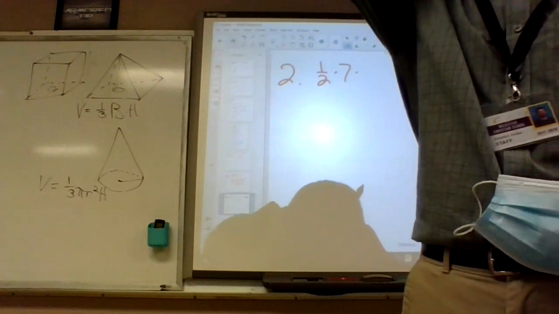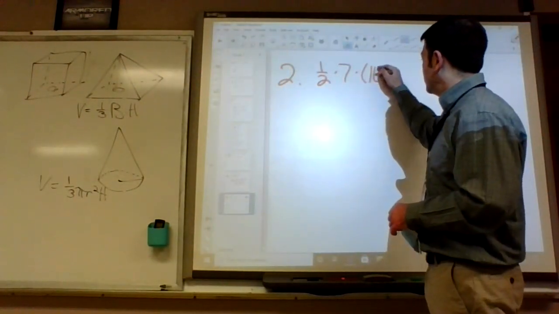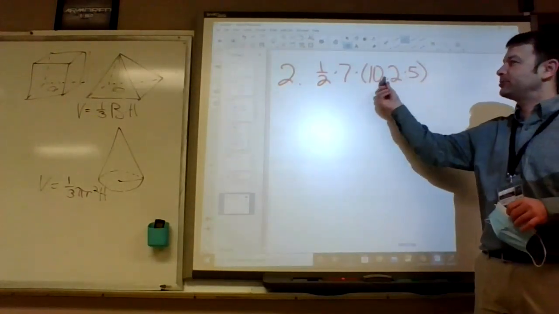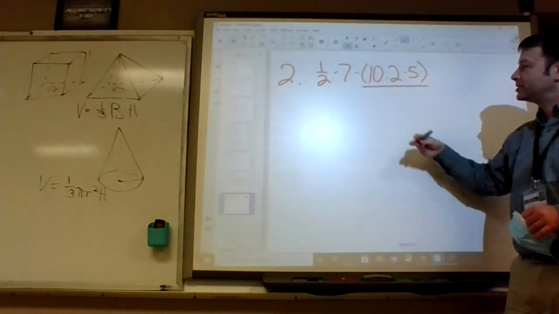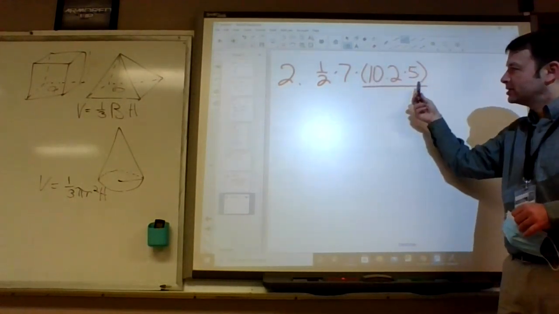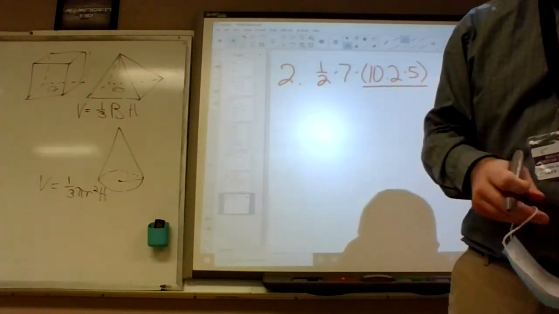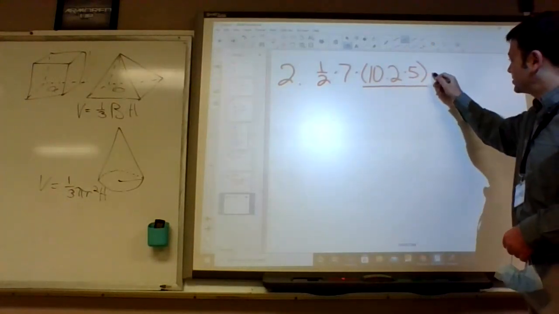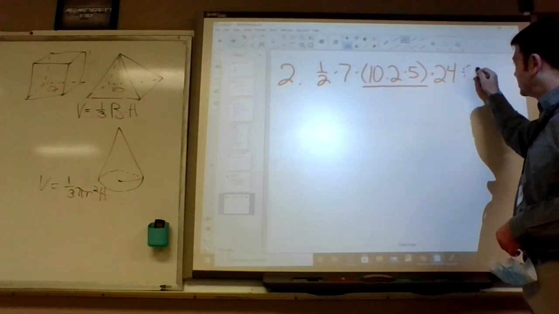That's a pentagon, so it's 10.2 times 5 for the perimeter. You don't really need parentheses here because everything's just multiplied together. I just put it there to show this is the perimeter. Order of multiplication doesn't matter. Do that times the height of the pyramid and then that divided by 3.